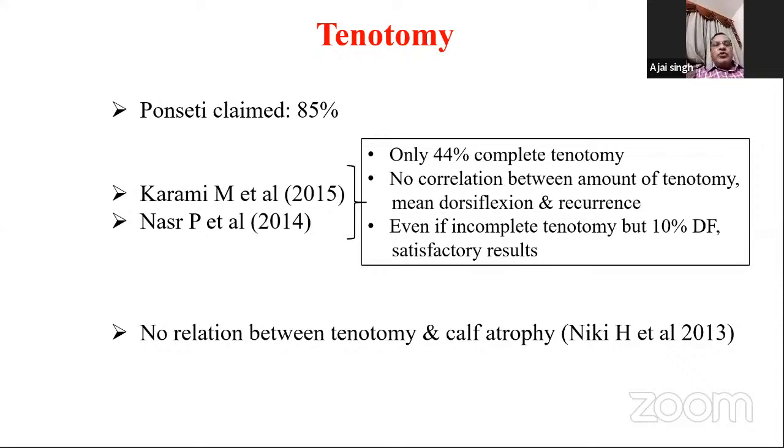But they found there is no correlation between the amount of tenotomy and the mean dorsiflexion and the recurrence of the equinus. So they said that even with an incomplete tenotomy, if we have 10 degrees, not 10%, but 10 degrees of dorsiflexion, we will get long-term satisfactory results.